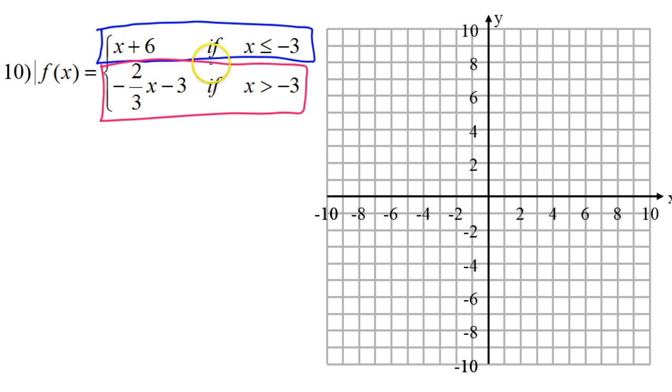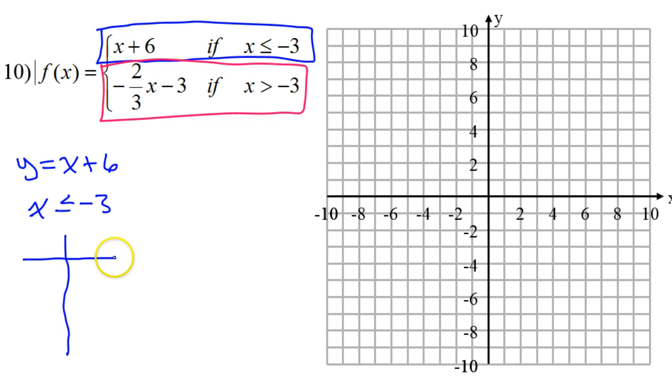So when I look at this top part of the function, I am thinking y equals x plus 6. Now, I'm only going to use this function when the x values are less than or equal to -3. I'm going to make a table of values to guide me.